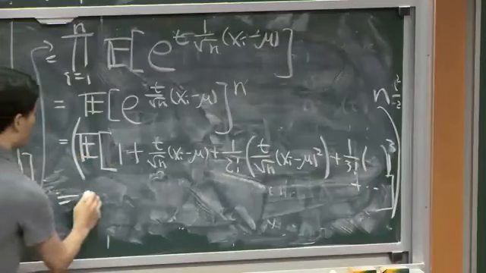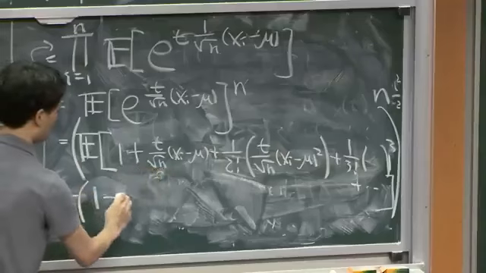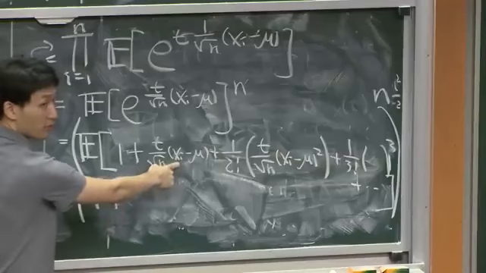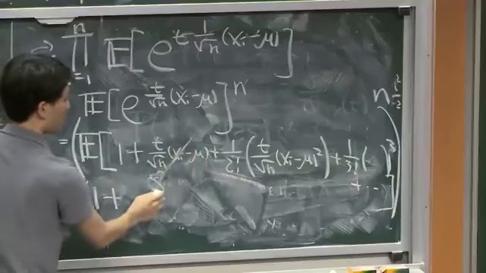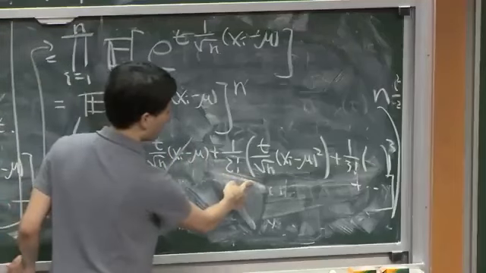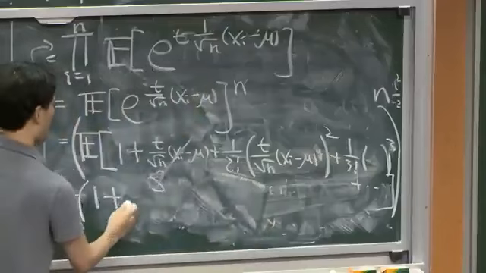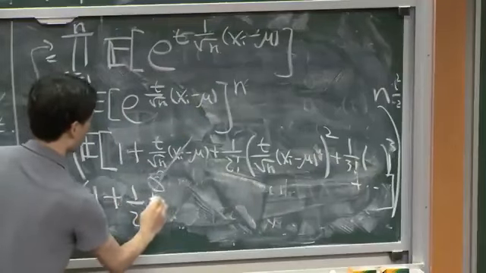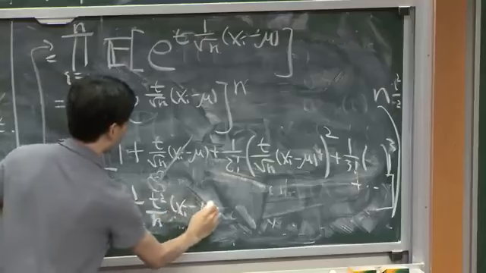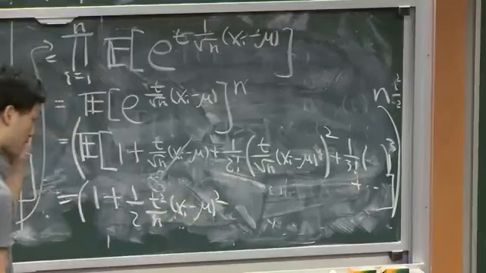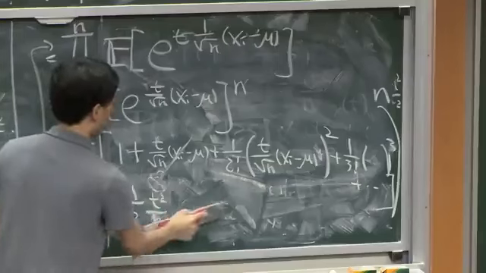By linearity of expectation, 1 comes out. The second term is 0 because Xi has mean mu. So that disappears. For this term, we have 1 over 2 times t squared over n times (Xi minus mu) squared. When you take the expectation, Xi minus mu squared will be sigma squared.